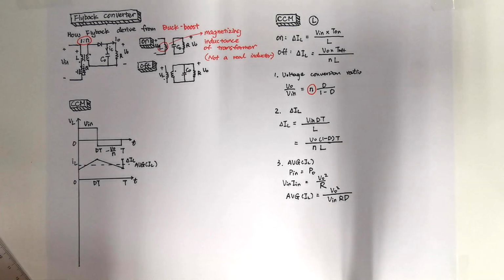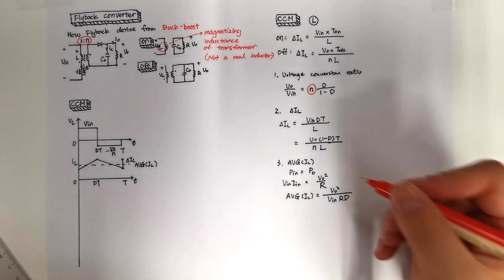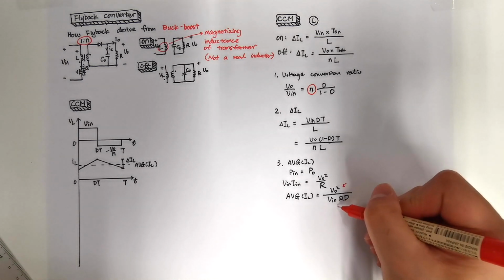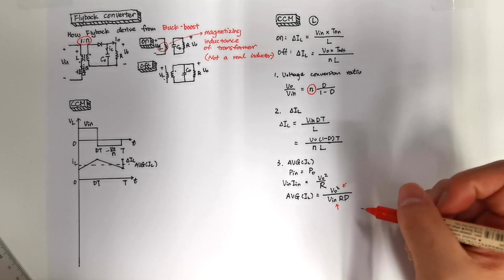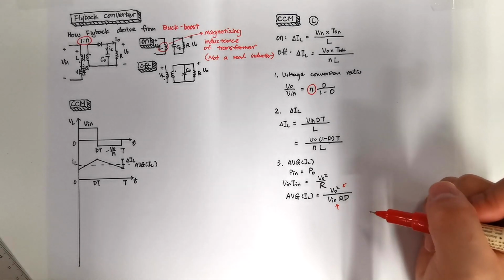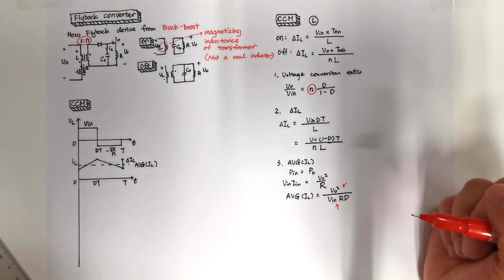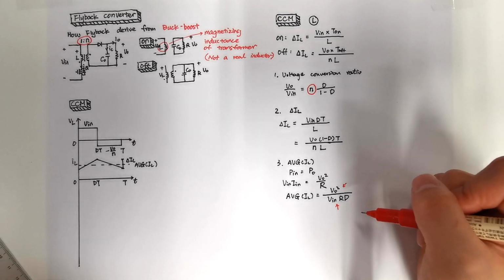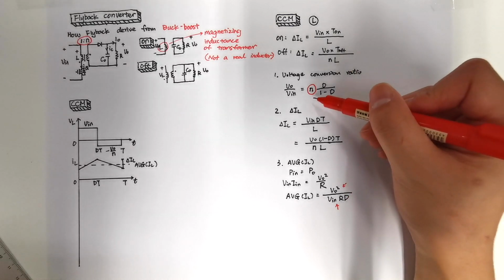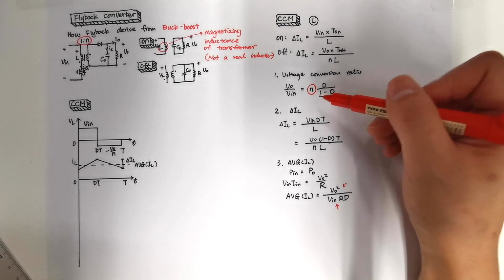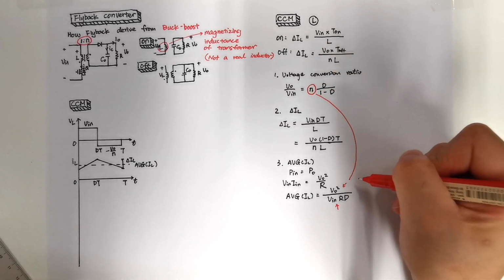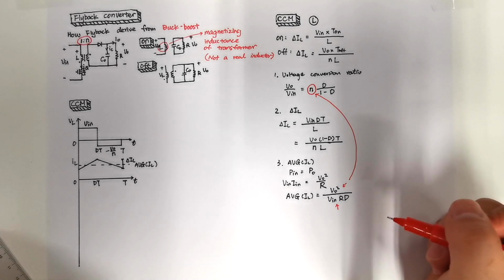You may ask, the value should not be the same as the buck-boost because we use a transformer, so where does the transformer turns ratio show in this equation? I use Vout and Vin here on purpose, because by using this, you only have to remember the same equation for both the flyback converter and the buck-boost converter. But the value is different because we have N times in the voltage conversion ratio. So this is where the N shows in this equation.